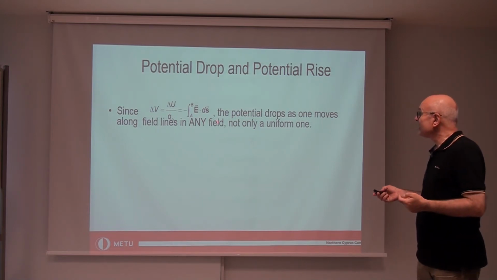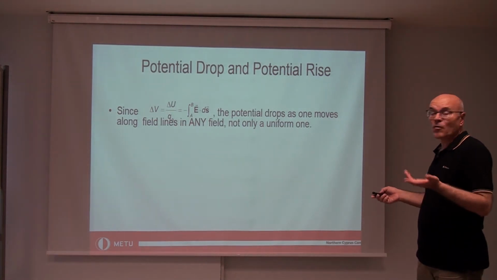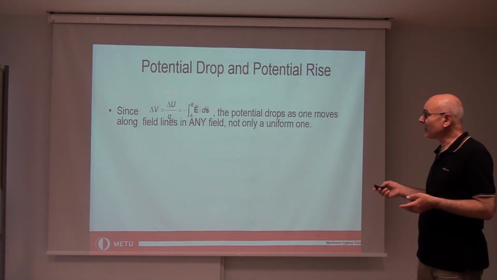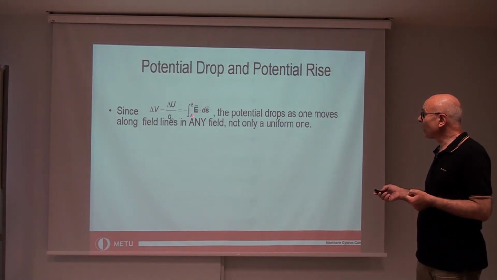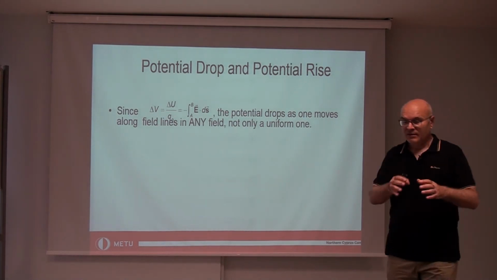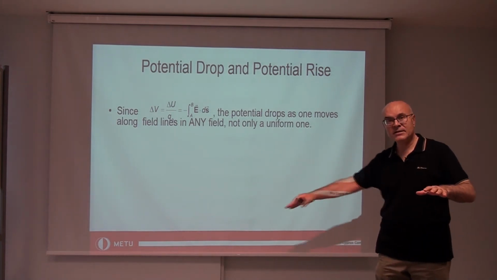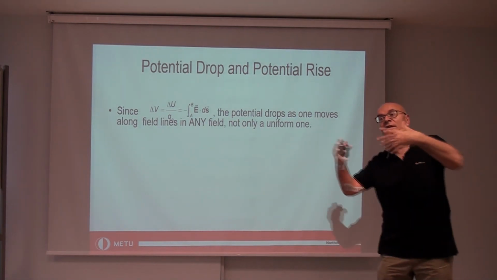But since this expression is always true, the most general expression, then one can show that if B with respect to A is down the field lines, in other words, the field is directed, it's not uniform, there are field lines flowing in space, and this point A, this point B. To go from A to B, you move with the field lines.